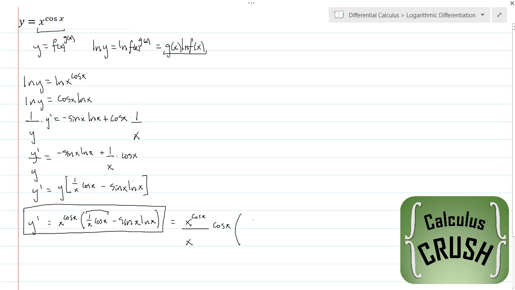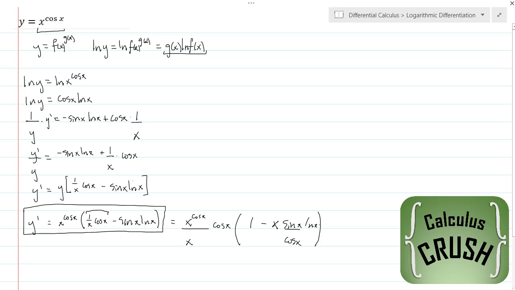So this first term just becomes a 1 minus, now we've taken out a 1 over x, but this guy doesn't have that, so it's going to need an x. And we're taking out a cosine, but this guy doesn't have it, so it's going to be a sine x over cosine. And then we have ln x.